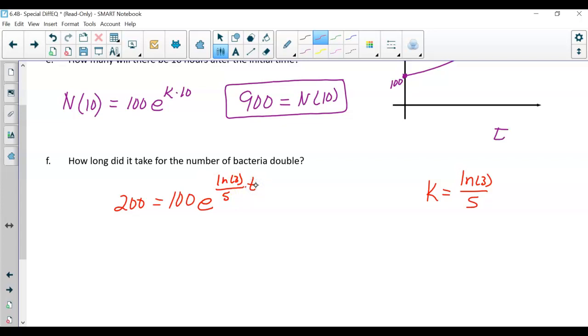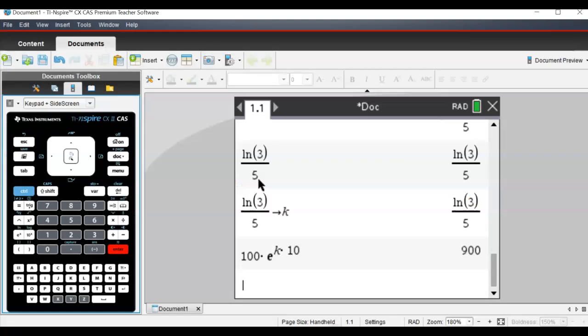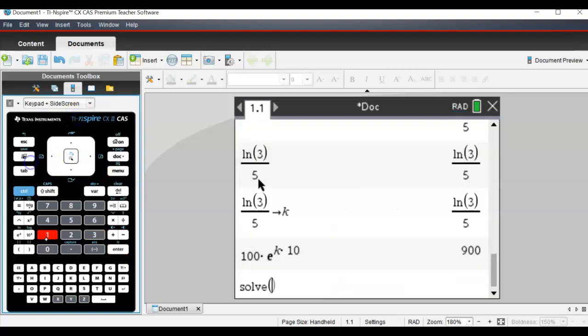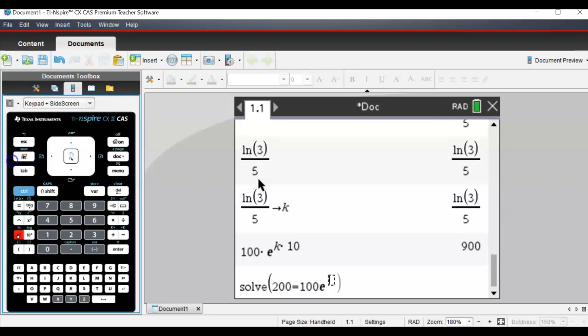We can algebraically solve that, or we can just use our solver here. Let's use our solver. I'm going to grab my calculator, and we are saying menu 3.1, menu algebra solve, 200 equals 100 e. And now I should be able to use my k in there. See, it's bold, times t.